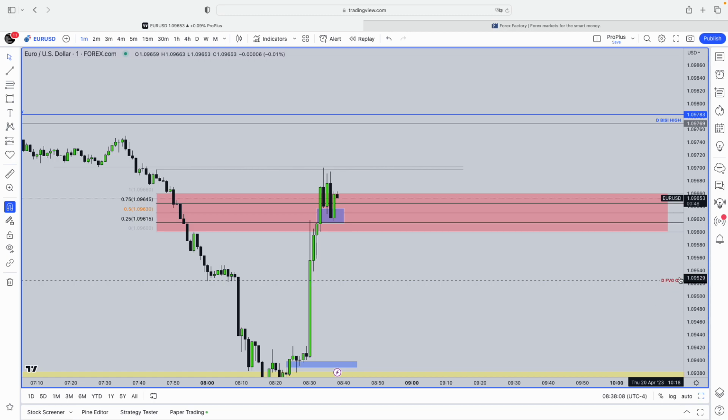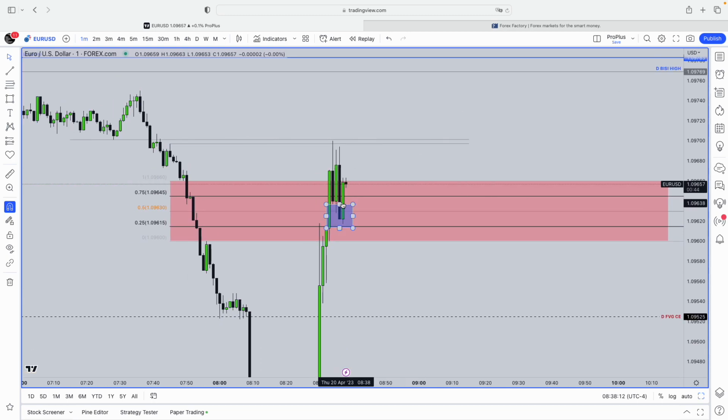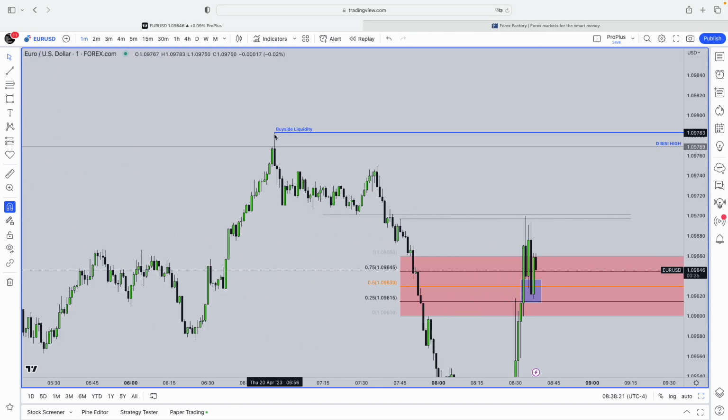There. I want to see this inversion fair value gap show support, and I want to see price break above this and show support, and then I'll be confident in taking out these highs.